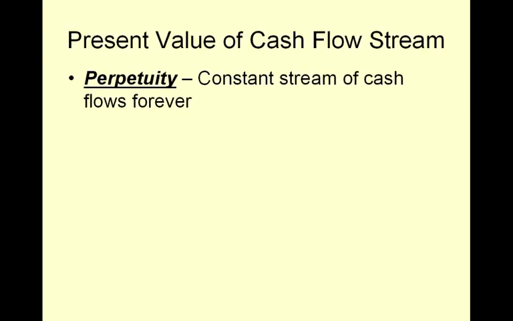of cash flows forever. Now, it is a fact that you can purchase an investment instrument that gives you the rights to receive a constant stream of cash flows forever. You can purchase perpetuities from the government of the United Kingdom.